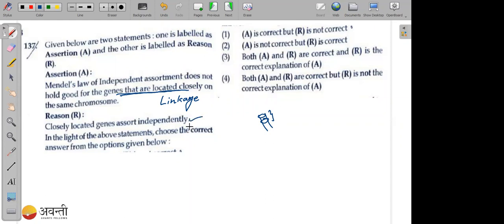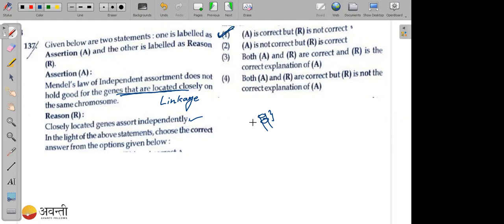So the assertion is correct, but the reason is not correct. So option A is correct but R is not correct. So option 1, not the second, is the correct option from this part.